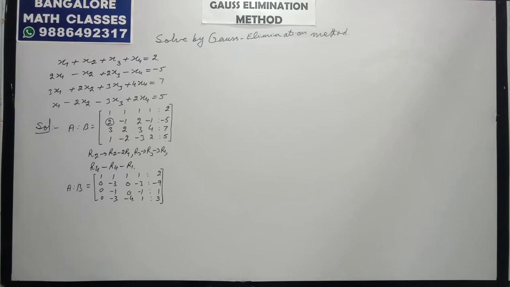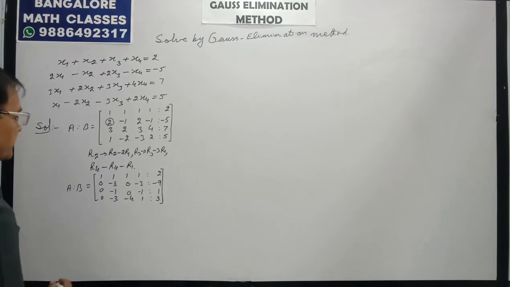So this is what we will get after this operation. It's 1, 1, 1, 2, 0, and then 0, minus 1, 0, minus 1, 3, 0, minus 3, 4, 1 and 3.